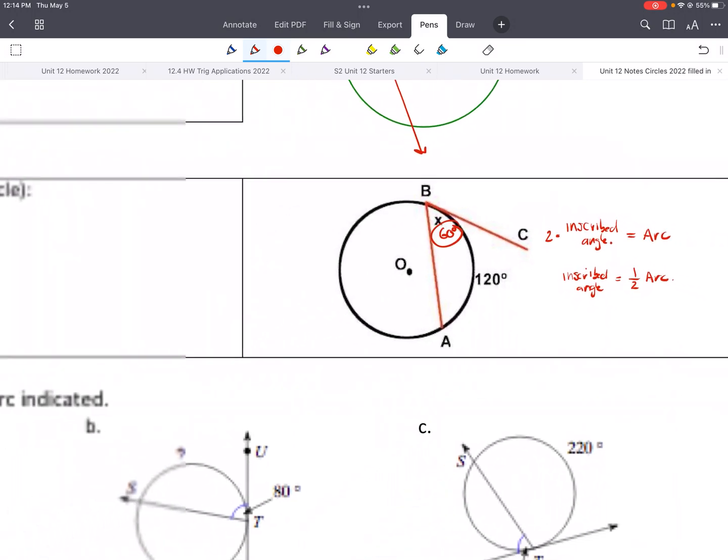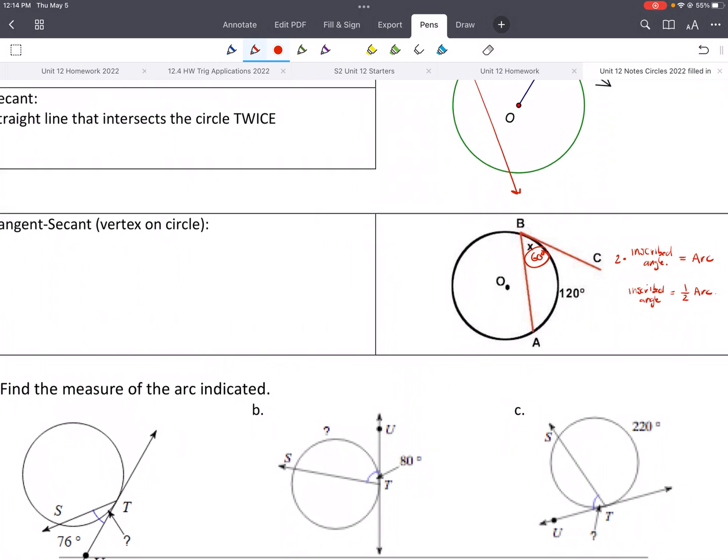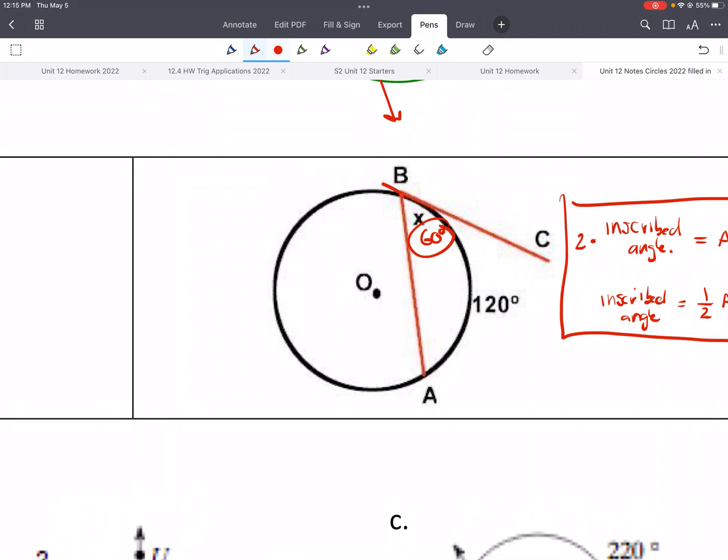Okay, so again, this isn't the new type of angle that we're covering today. It's more like what we did before. It has the same rules that we covered before. It's just now we have a tangent line, so this is like B, maybe we can continue that.